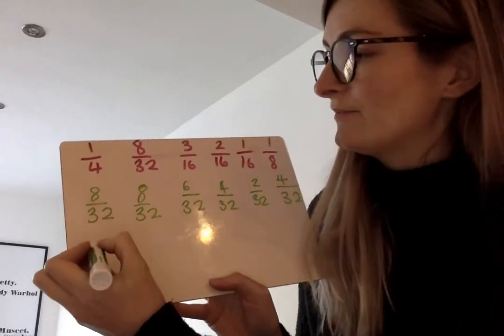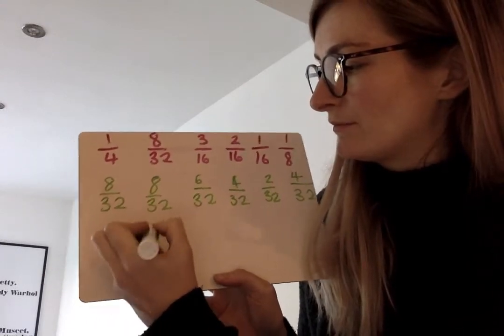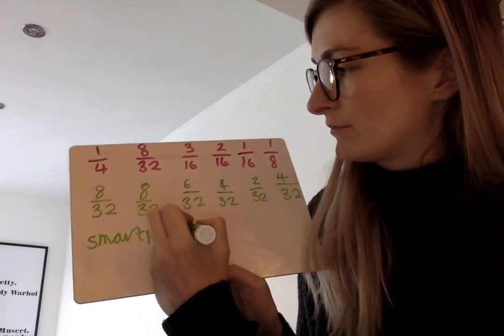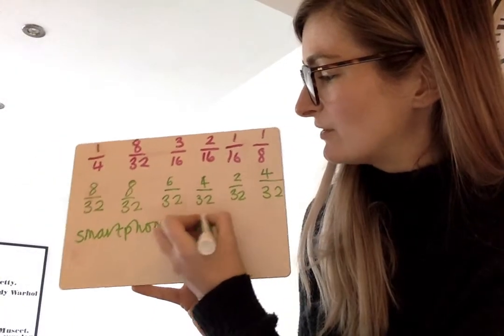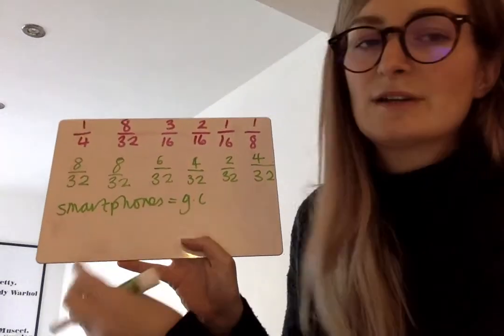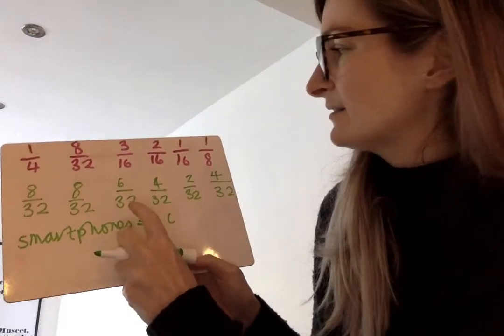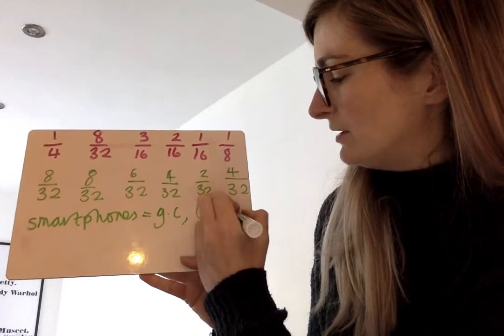So that would be smartphones would come first. Smartphones and games consoles were equal, so I would say smartphones equal games consoles. I'm just going to write short, but you need to write the actual words. Next up we have tablets.